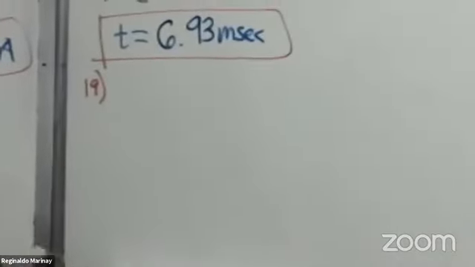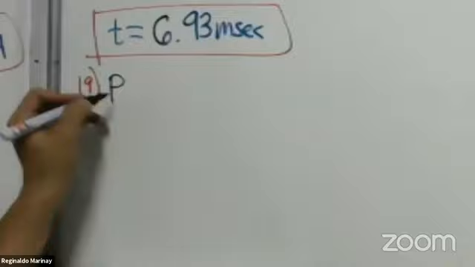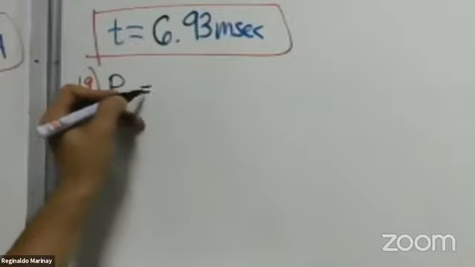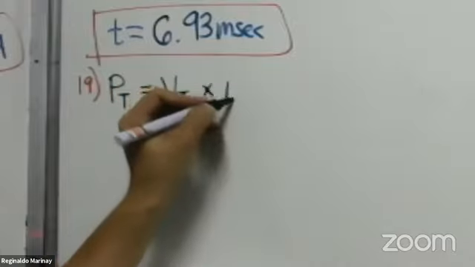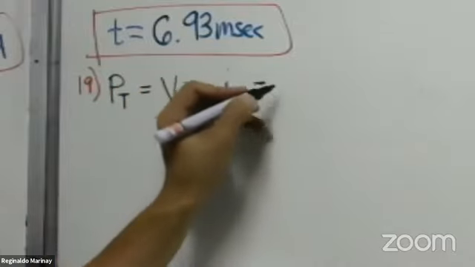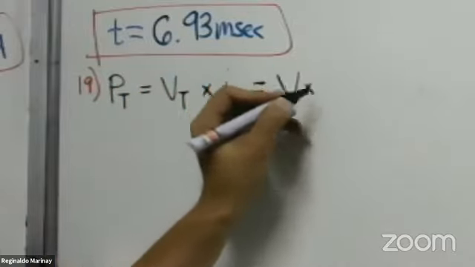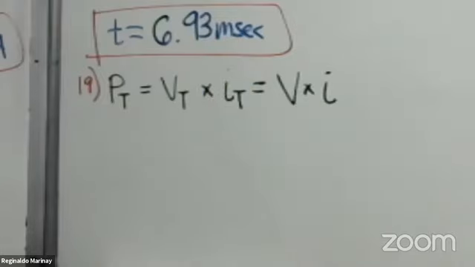Our total power, P total, is simply equal to V total times I total. Or just simply our V multiplied by I. So, what is our total voltage?